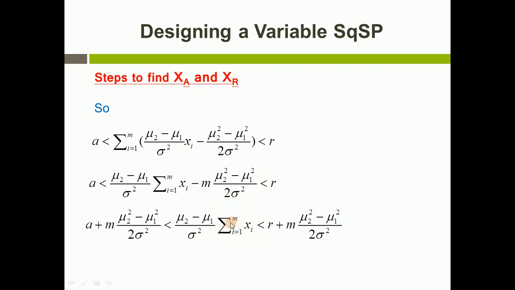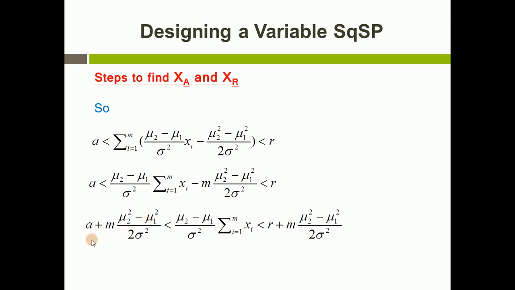Actually, I need summation xi to be standing alone inside the inequality, so I need to divide both sides by (mu2 minus mu1) over sigma square. Before the division, you have to make sure whether this is a positive or a negative quantity, because if it is negative, it's going to switch the inequality direction.